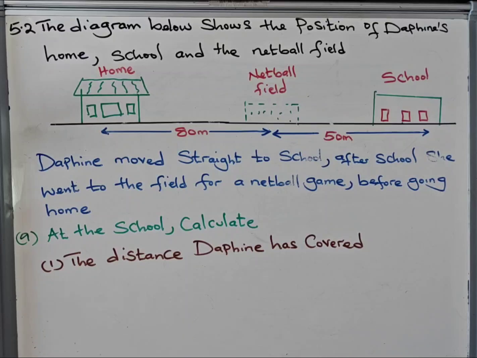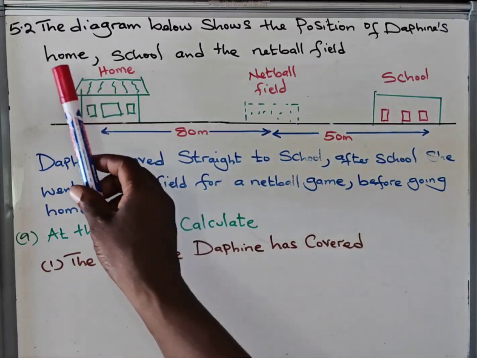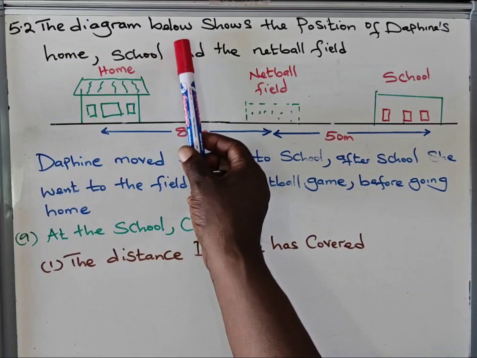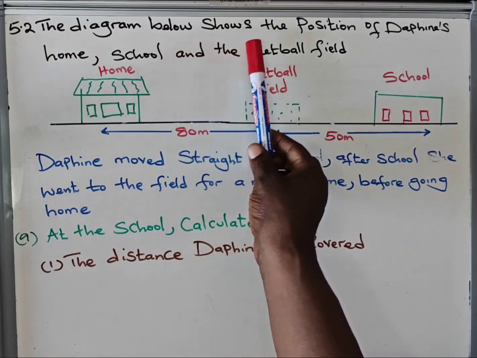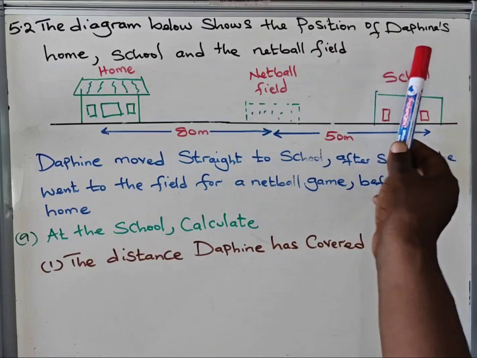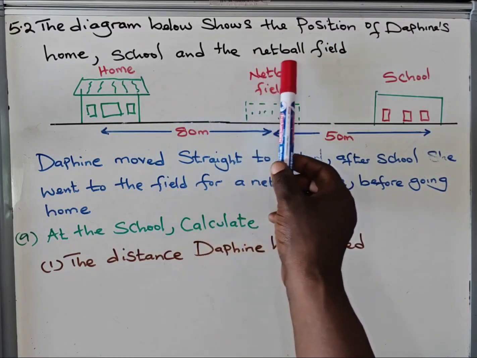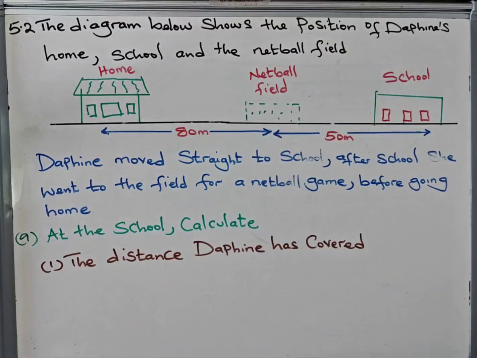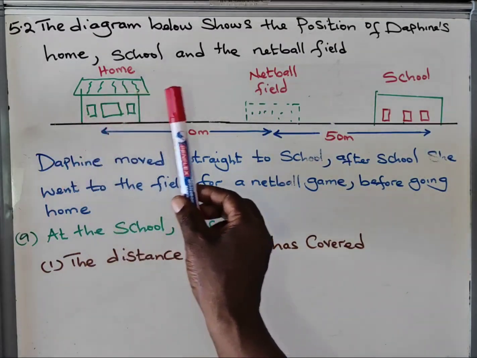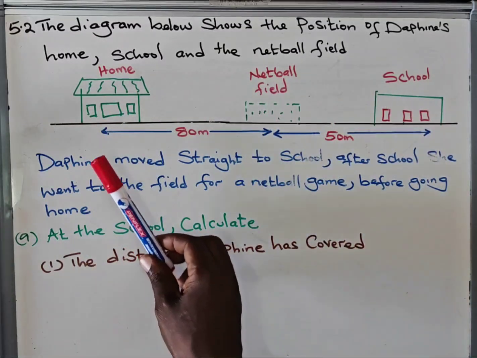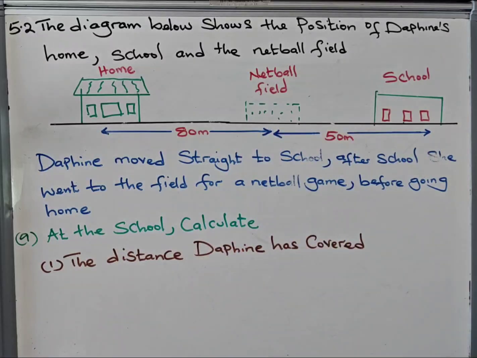Then we come to this question. It says that the diagram below shows the position of Daphne's home, school, and the netball field. So these are the positions and their respective distances.